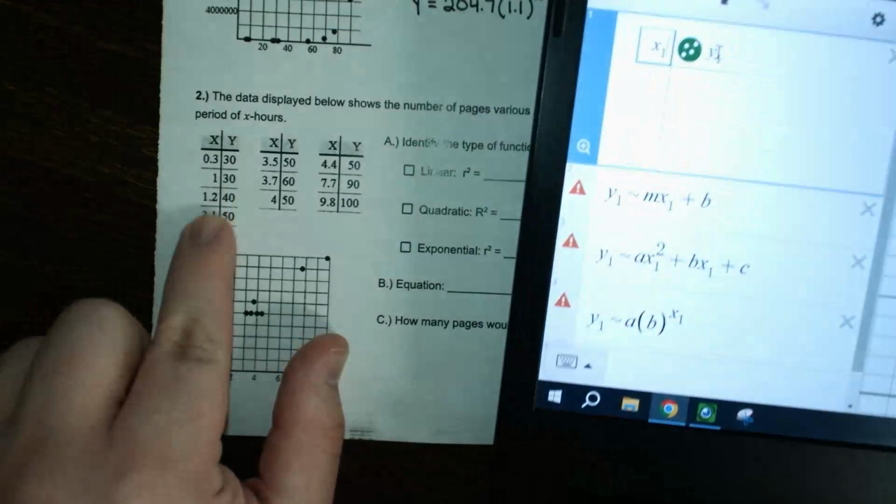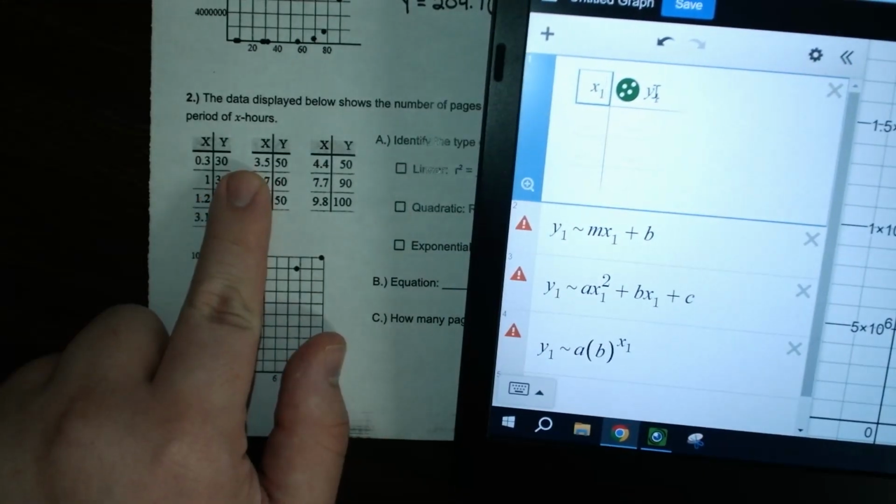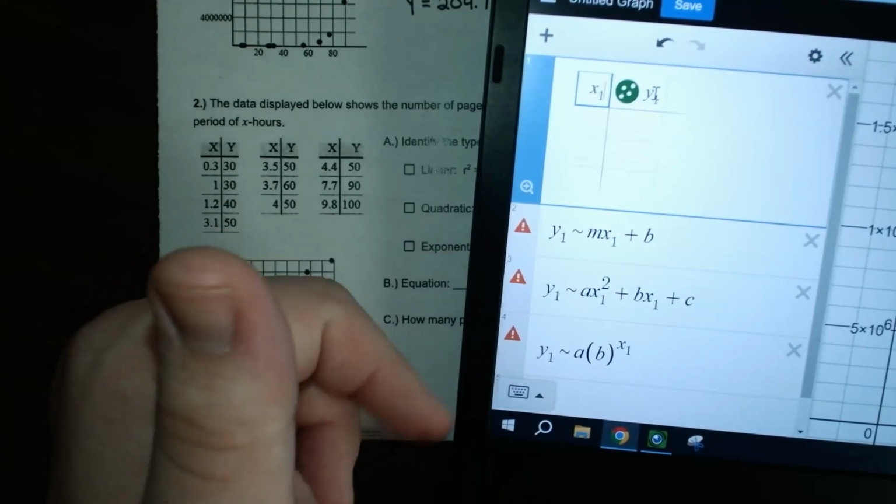So to answer questions for number 2, just start typing 0.31, 1.2, 3.1, 3.5 into that table, and this stuff is automatically going to start running the numbers for you.